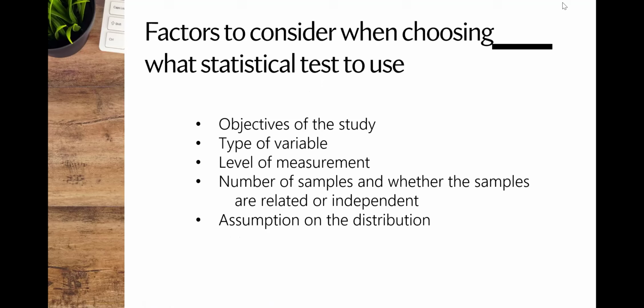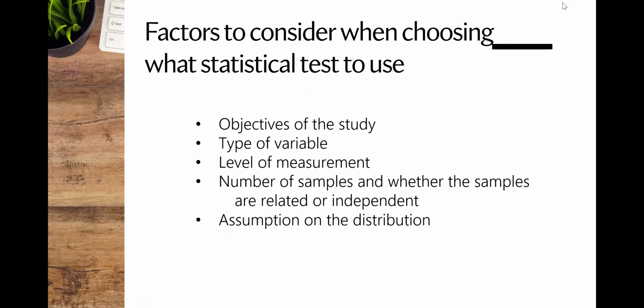So the contents of this slide are important as well. The factors to consider when choosing what statistical test to use: you look at the objectives of the study, the type of variable, the level of measurement, the number of samples and whether the samples are related or independent, and the assumption on the distribution.